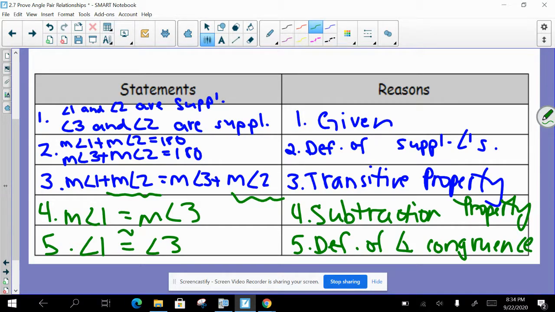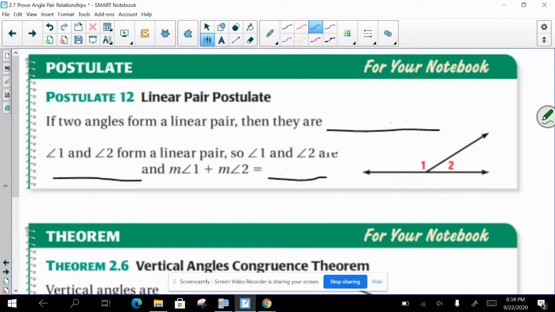Let's look at another postulate and another theorem. So the linear pair postulate. If two angles form a linear pair, then they are supplementary. And if two angles are supplementary, then their measures add up to 180 degrees.